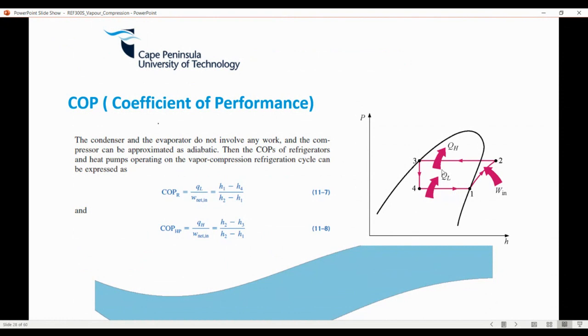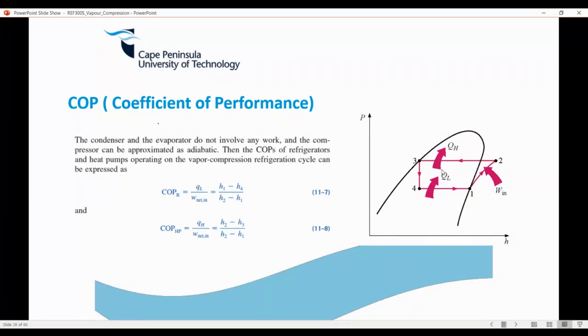I don't know if we'll touch on heat pumps, but we might, depending on time. The COP is like the efficiency of the vapor compression cycle. What you're getting out is H1 minus H4, the heat being removed, and what you're putting in is H2 minus H1, the compressor work.